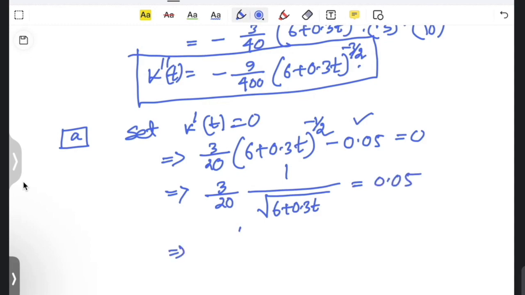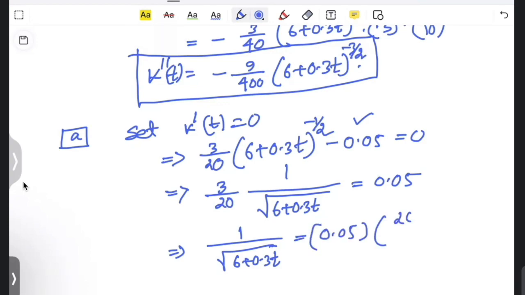This implies 1/√(6 plus 0.3t) equals 0.05 into 20/3.